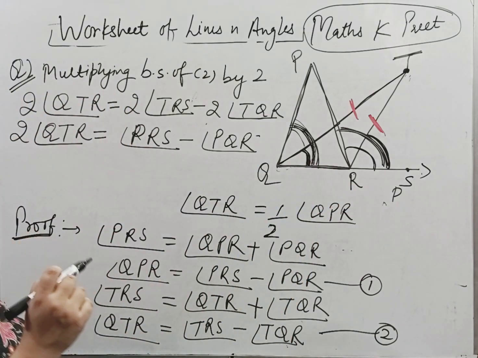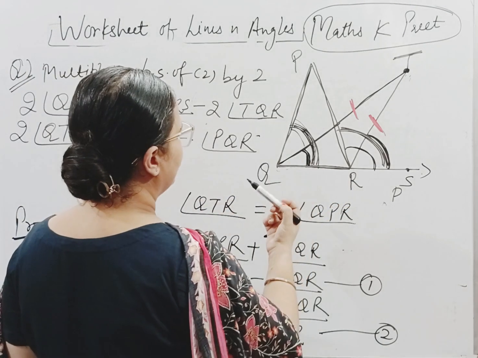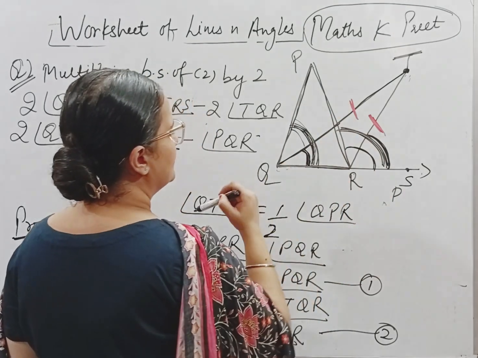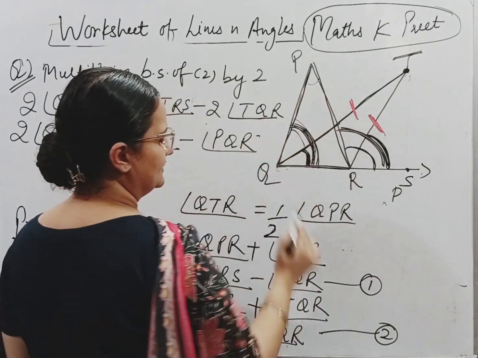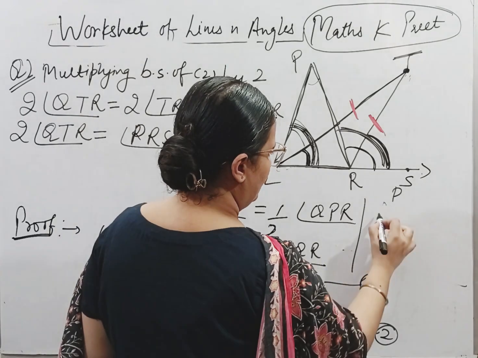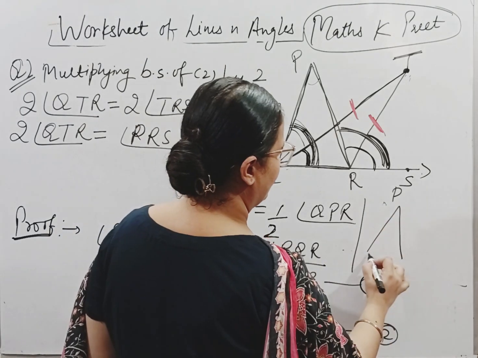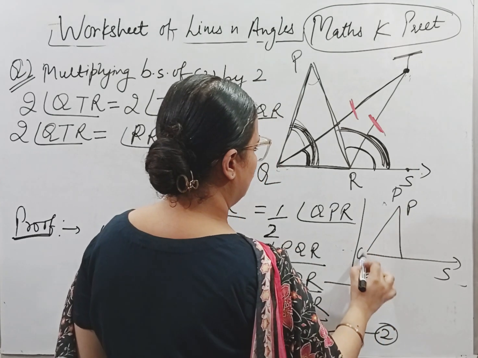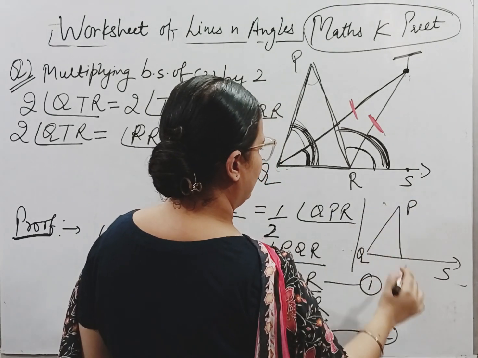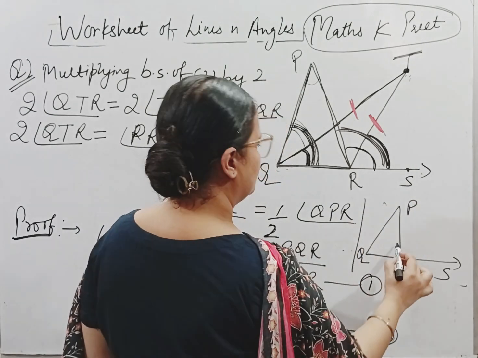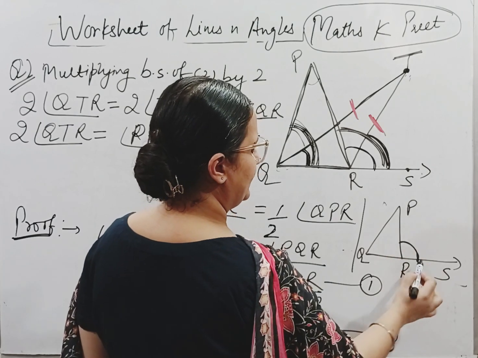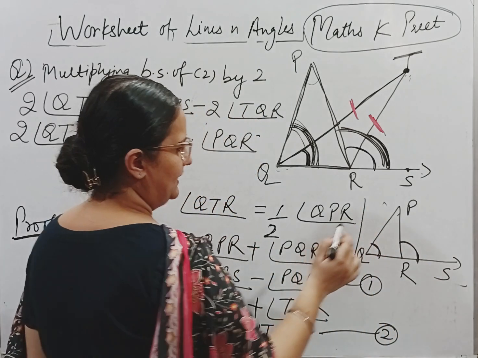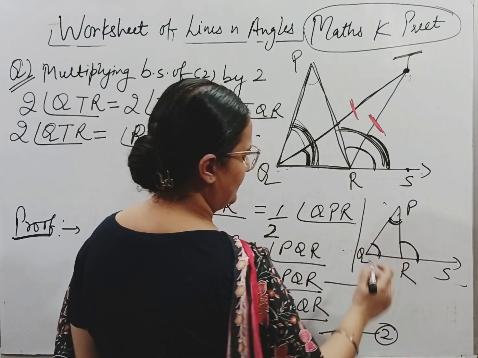Now PRS minus PQR. Let's see here. PRS minus PQR. So this angle will be equals to this angle. See how? I have this figure. This is S, this is P, this is Q, this is my R. So what I am saying, angle PRS minus angle PQR, I will have this angle QPR. How?